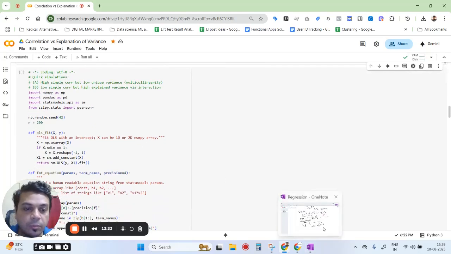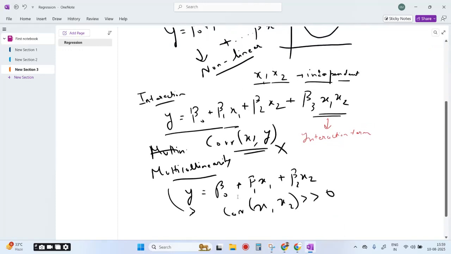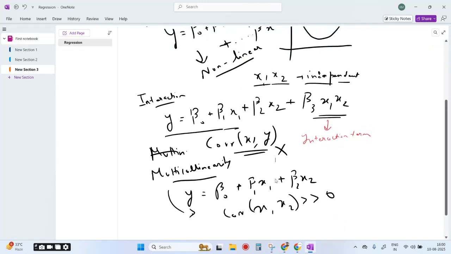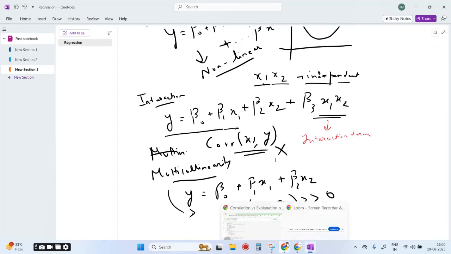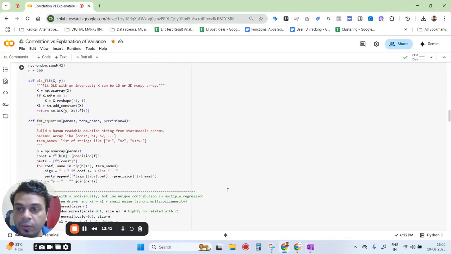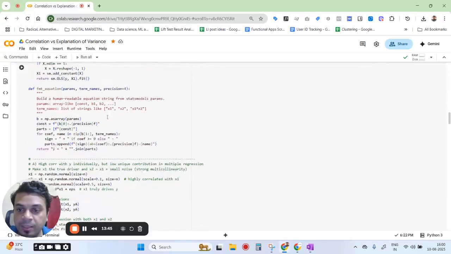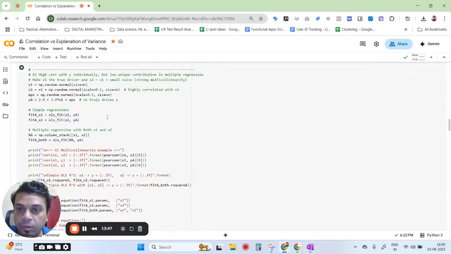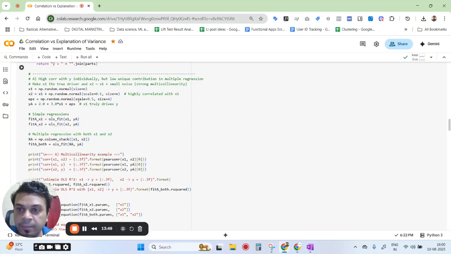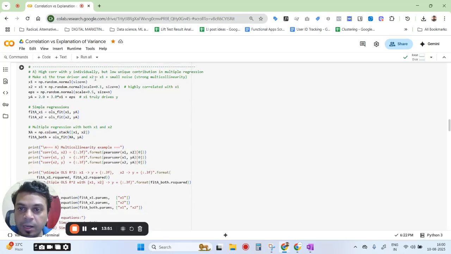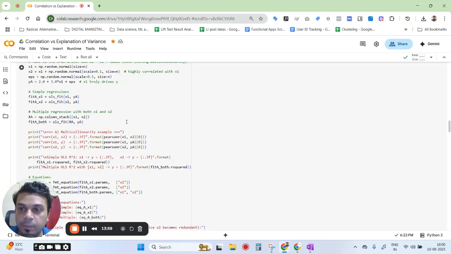Remember, I spoke of multicollinearity here. So this is the example where we have high correlation between the independent variables. Once again, a synthetic data set has been generated in order to create that multicollinearity. So there's x1, and another variable is x2, which is x1 plus a small noise, which means that there is high correlation between these variables.